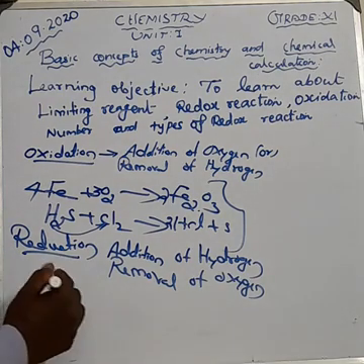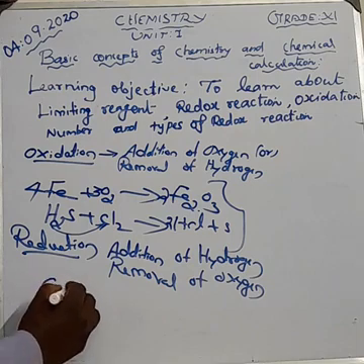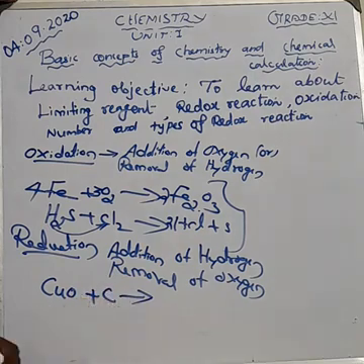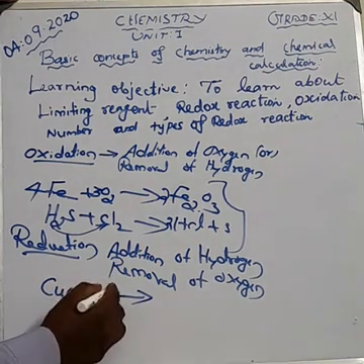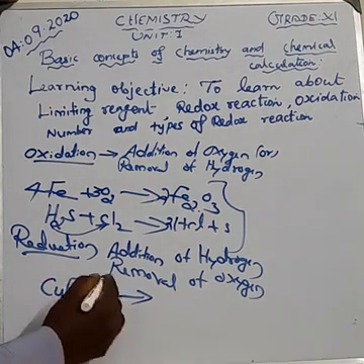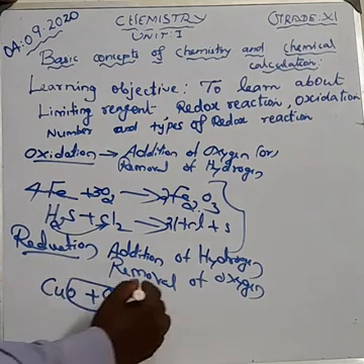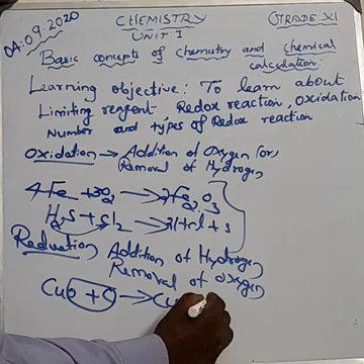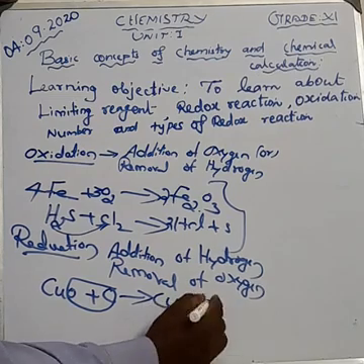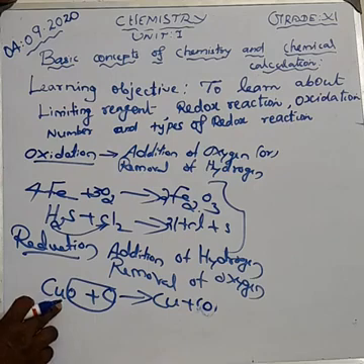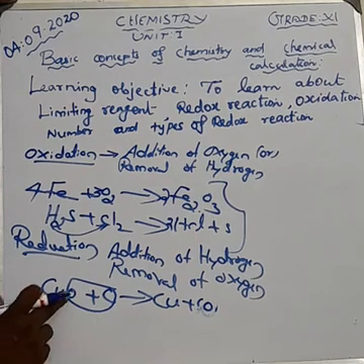A very good example is copper oxide, CuO, reacting with carbon. What is the product? Here, this carbon combines with the oxygen to form carbon monoxide, and also copper, Cu, plus CO. Here, one oxygen is being removed.